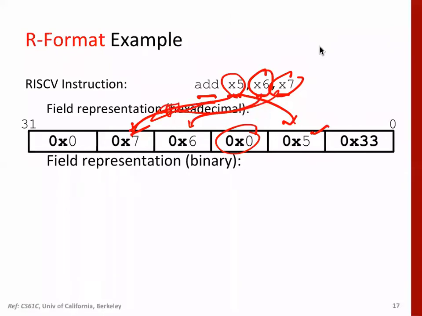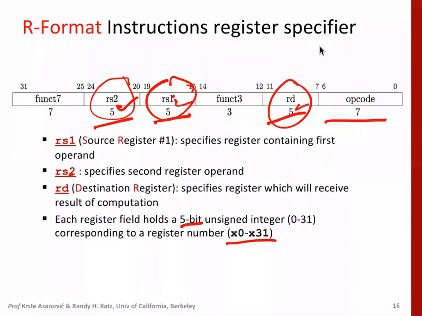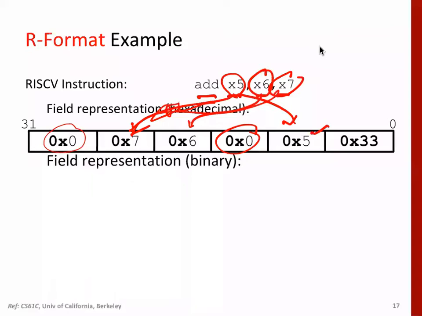These fields, which are func3 and function 7, which are 0 and also 0. So 33 0 0 will give us the add instruction.